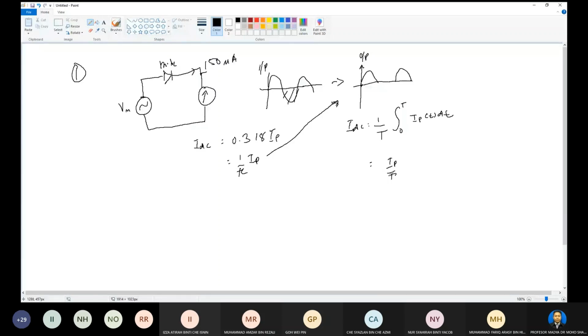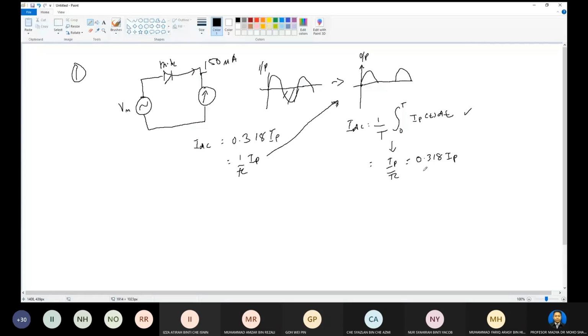When we convert 1/pi, it will be 0.318 IP. So from this waveform we get this equation, and then we integrate from 0 to T, and the last step gives the output equation.